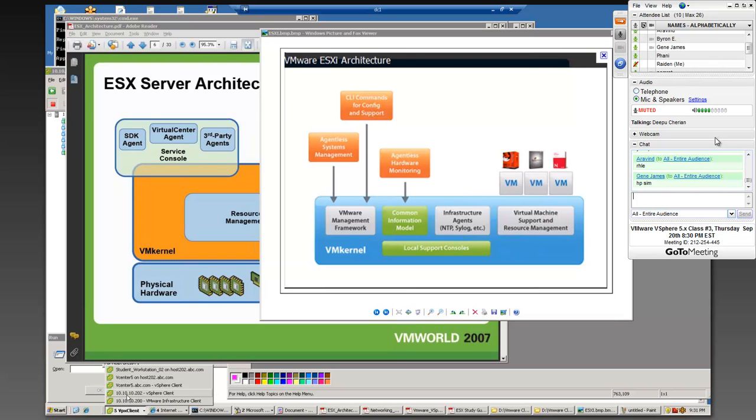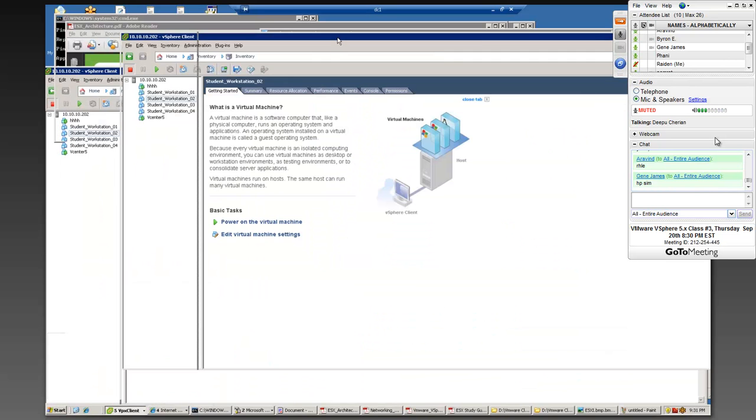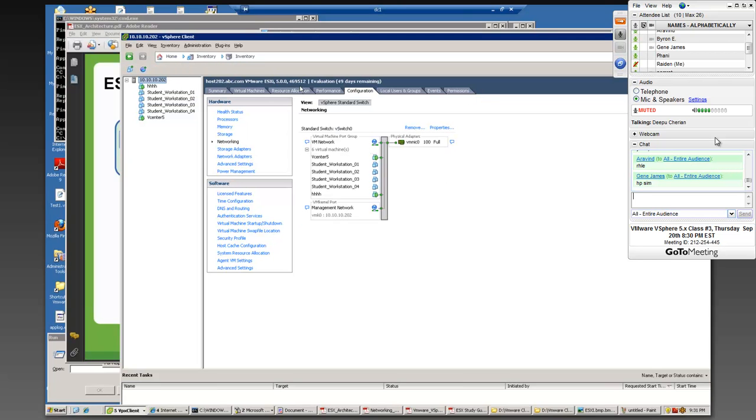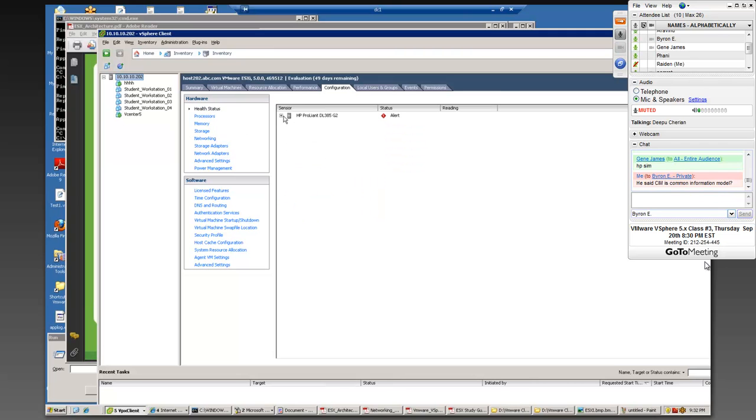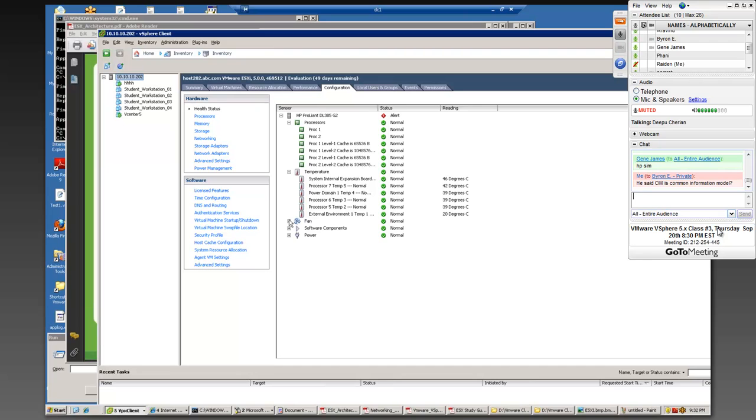Let me see, I can show you some information here. If you look at this, this is an ESXi server. If you go to the ESXi server, in the health status, here you see that it can tell you the processors, it can tell you the temperature, it can tell you the fan.